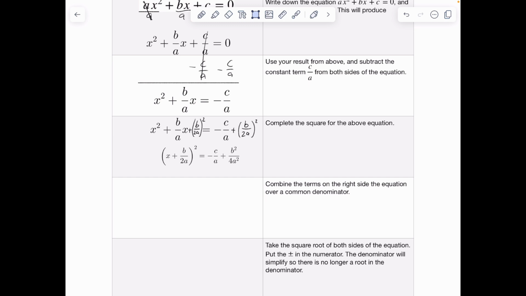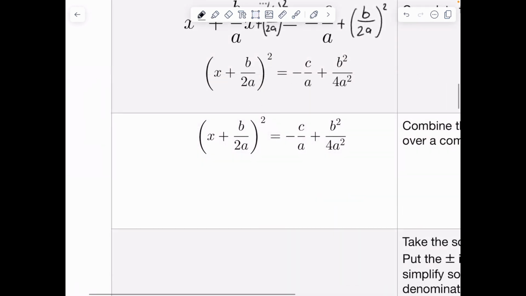Now we're going to combine the terms on the right side of the equation over a common denominator. To get a common denominator, we need a 4 and a second a. So we're going to multiply negative c over a by 4a over 4a.